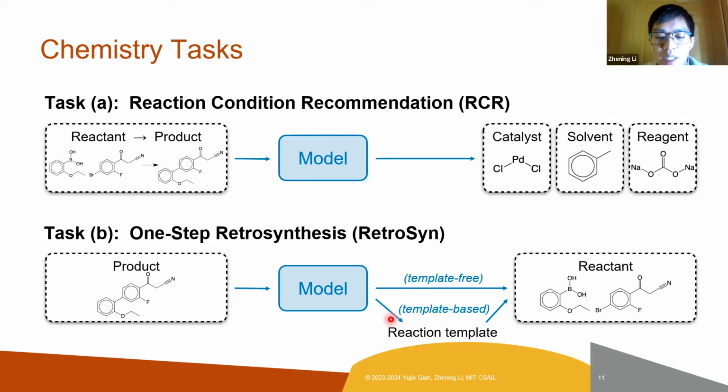And this will be chosen from a finite list of reaction templates that are extracted from the training data set beforehand. And after we predict the reaction template, we obtain the desired reactants by simply using existing chemistry software to apply the reaction template in reverse to the product molecule. And this approach is called a template-based approach.